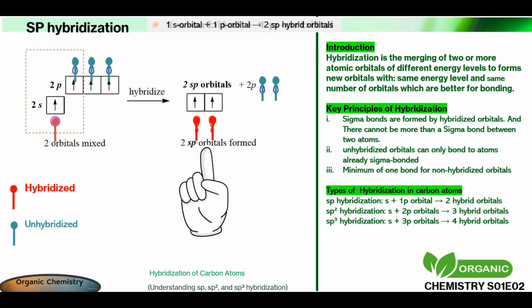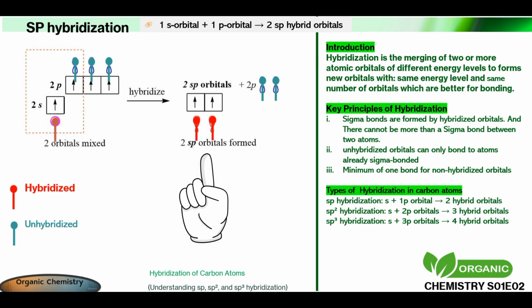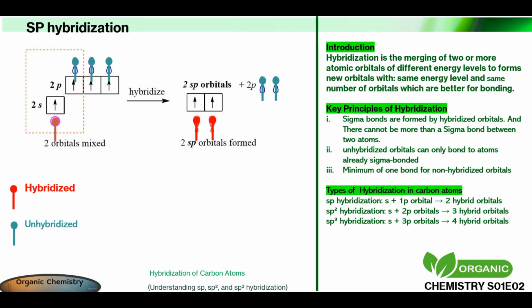They form sp orbitals. Mind you, there are two orbitals here. They have the same energy. But before now, p orbital is greater than s orbital. It is no longer s orbital nor p orbital, rather sp orbitals.